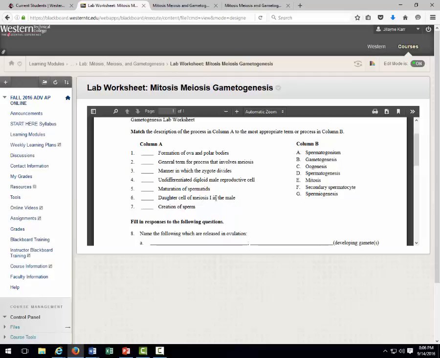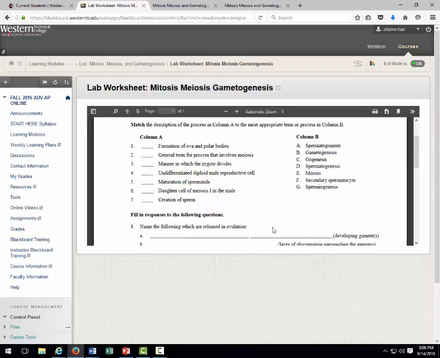And the daughter cell of meiosis 1 in the male. So after meiosis 1, we have, yep, secondary spermatocyte. And the creation of sperm, that whole process from spermatogonium to spermatozoa, is spermatogenesis. Yep.